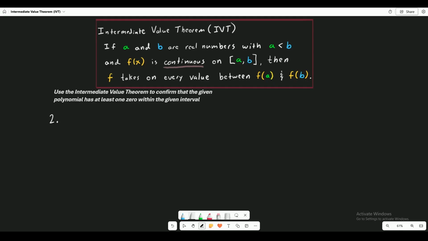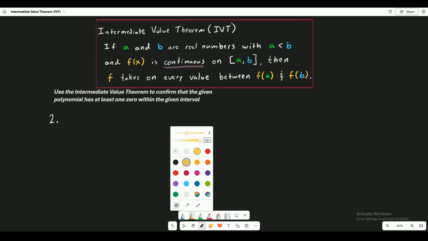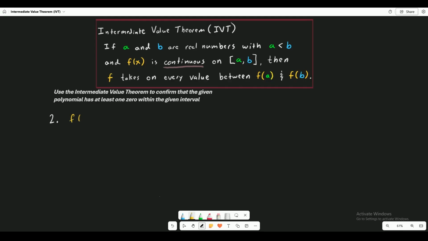We have the same function, x cubed minus 9x. Okay, let me state it as f of x so we can keep it. So f of x is equal to x cubed minus 9x.